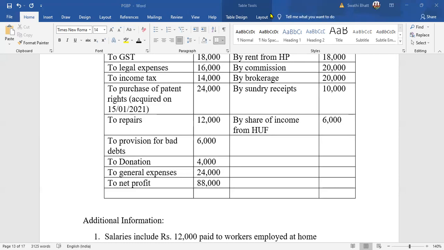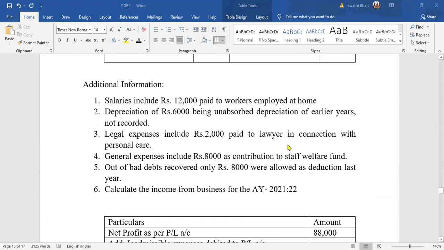And according to Income Tax Act, every capital expenditure is disallowed, which means that you will have to add whatever price you have paid for purchasing land, building, machinery, or your intangible asset like your patents, copyrights, trademarks. All of these are capital expenditure. So whatever amount you have spent on the capital expenditure is disallowed, and you will have to add it back.